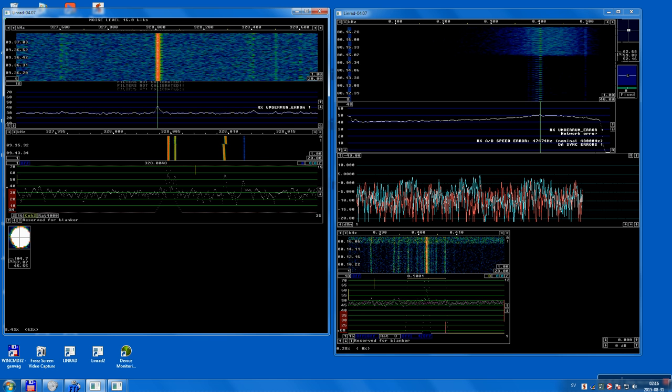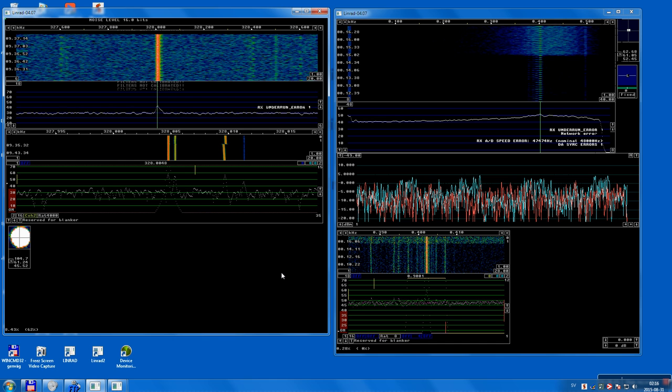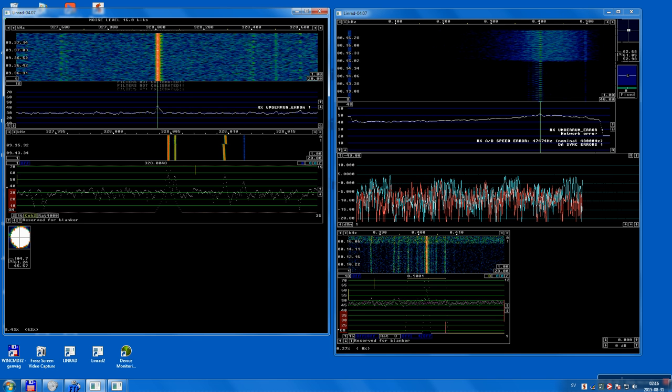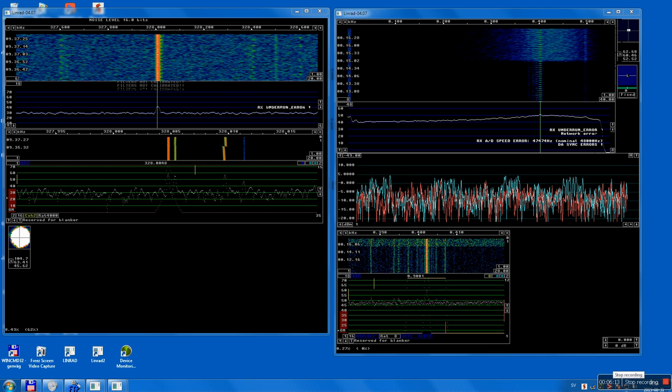So this is what can be obtained by using coherent detection of the A2 signal that is used by the NDBs.